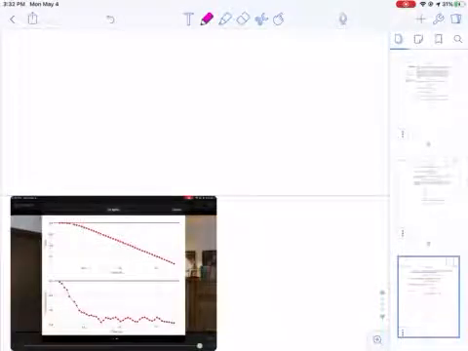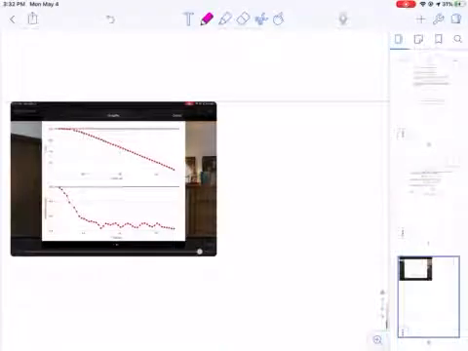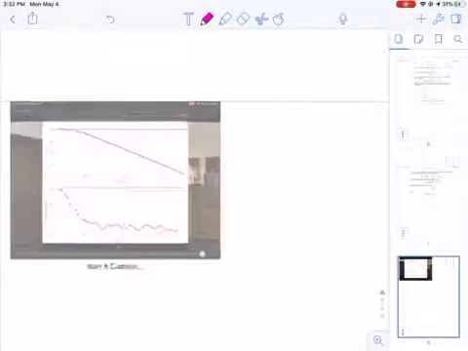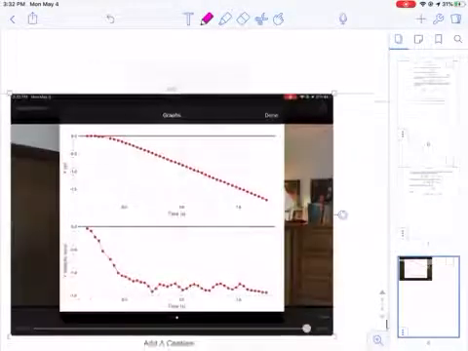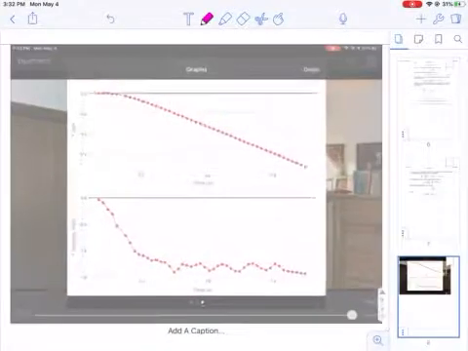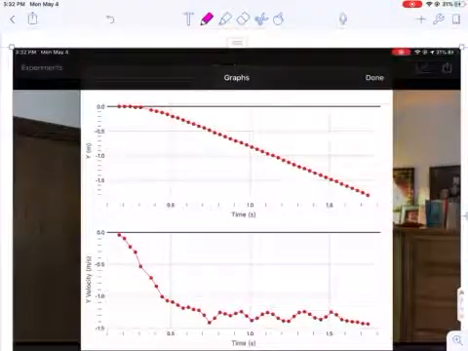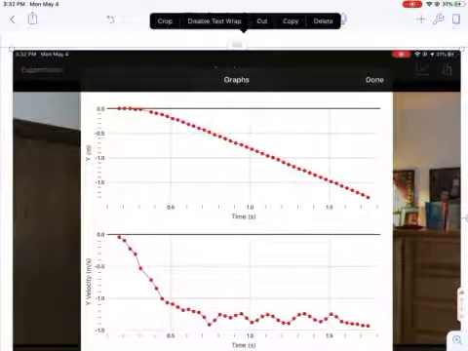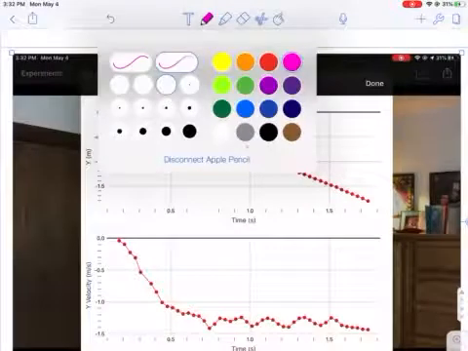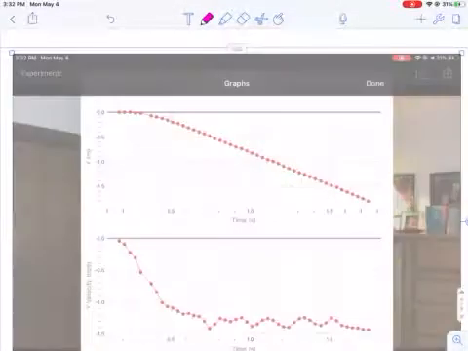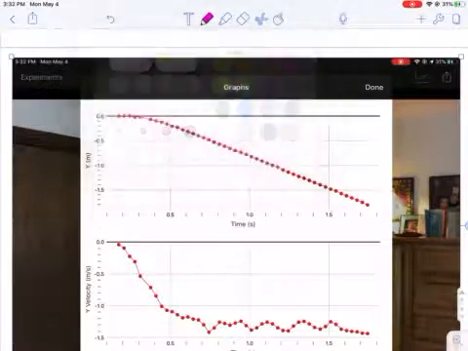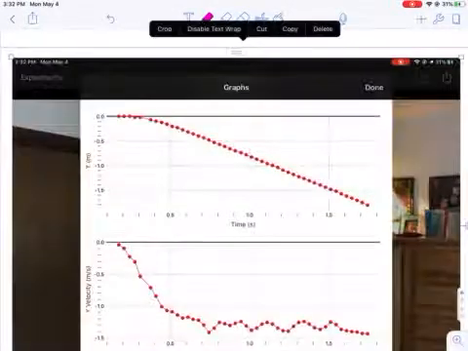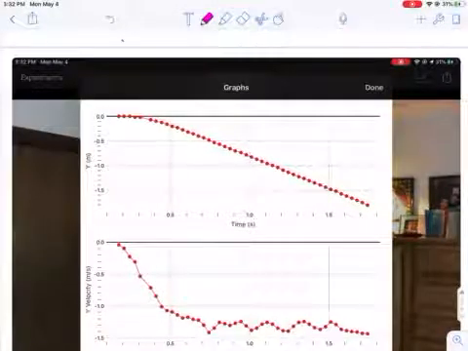There we go. Let's see if we can make this a little bigger and get rid of that. Okay, here we go. Okay, so a couple things. What are we looking at here? Okay, Notability, help me out here.